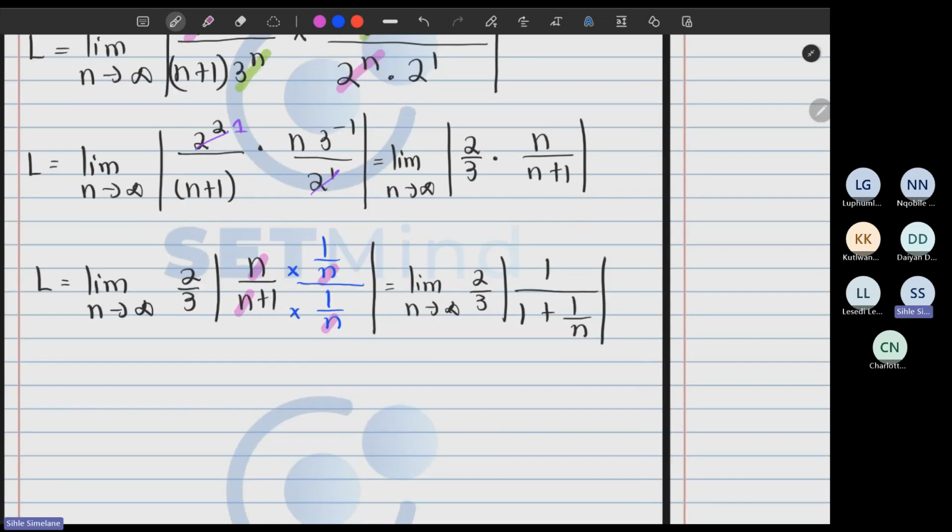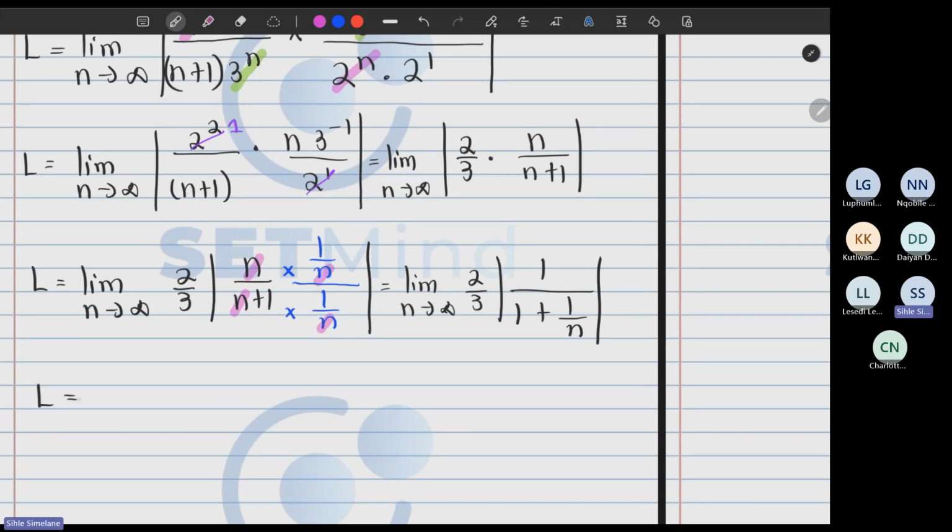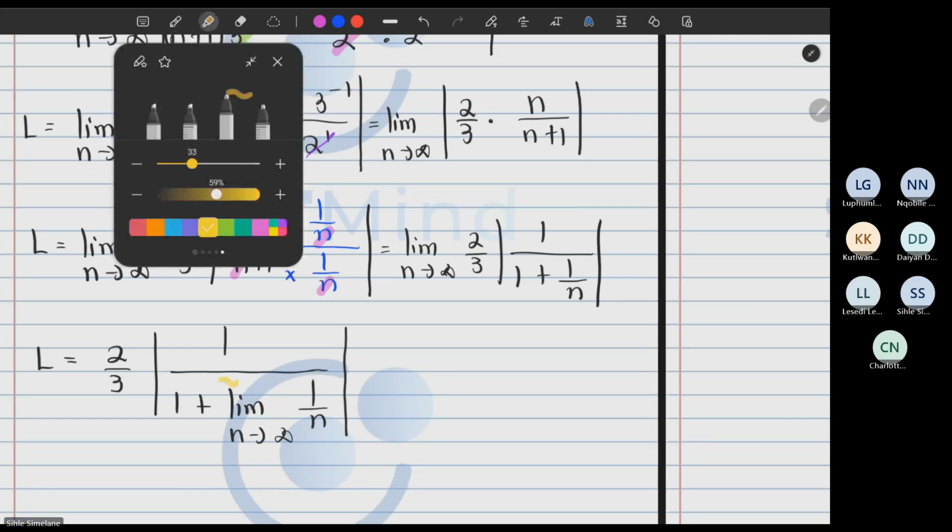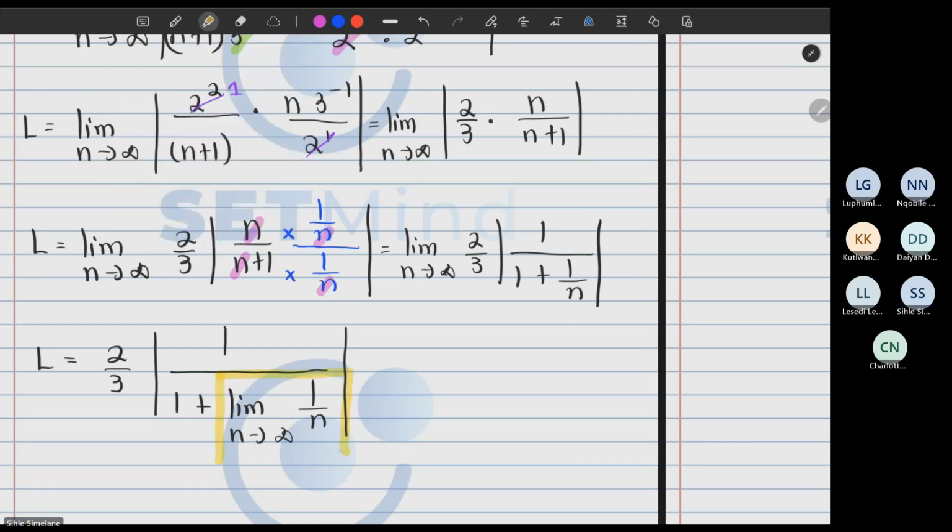Now we can put in our infinity. We'll have 2 over 3 multiplying 1 over 1 plus the limit as n approaches infinity of 1 over n.